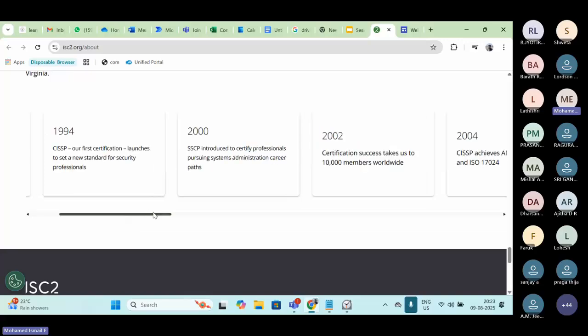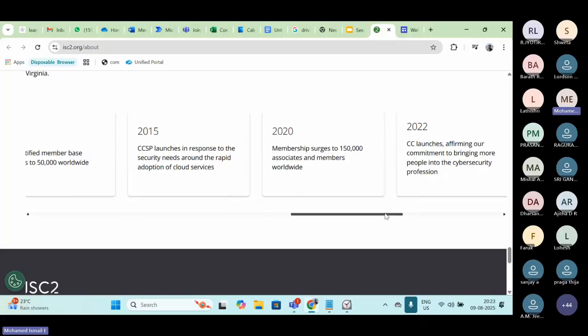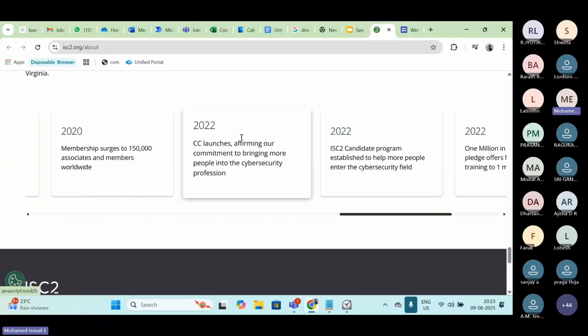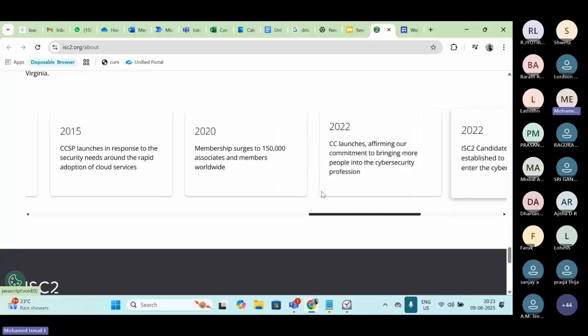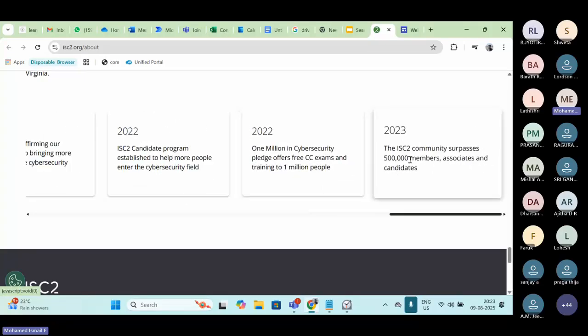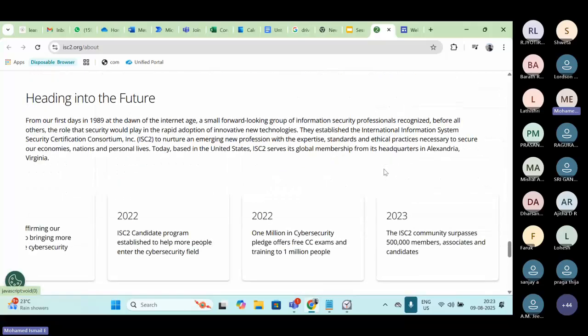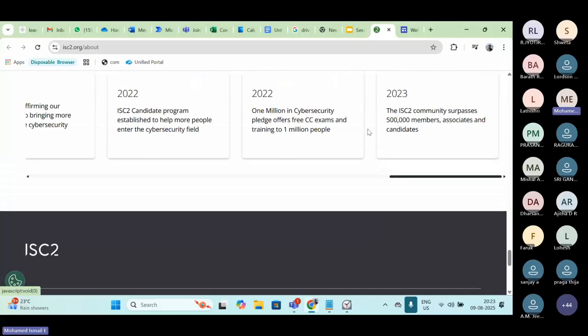But if you take the latest update, the Certified in Cybersecurity certificate started in 2022. They committed to bringing in more security professionals, and in 2023 they had almost 500k cybersecurity professionals associated with ISC².